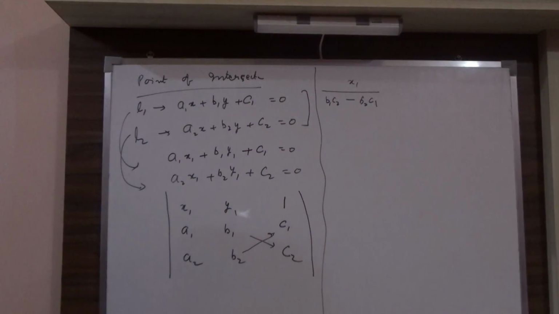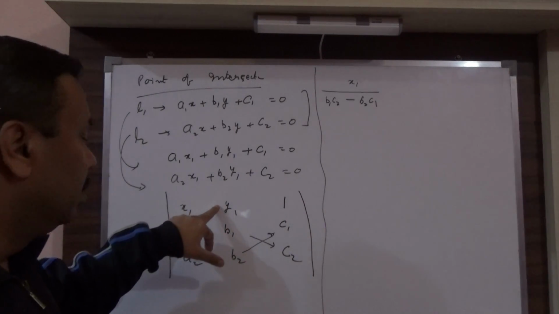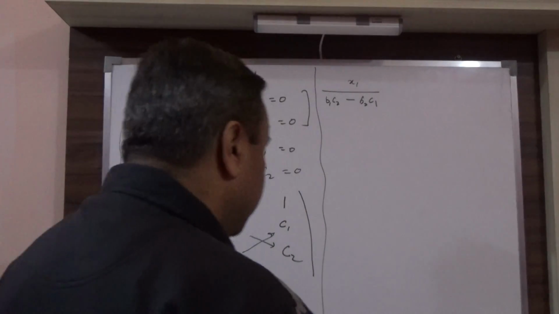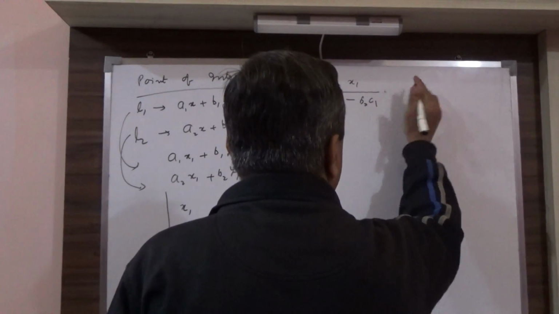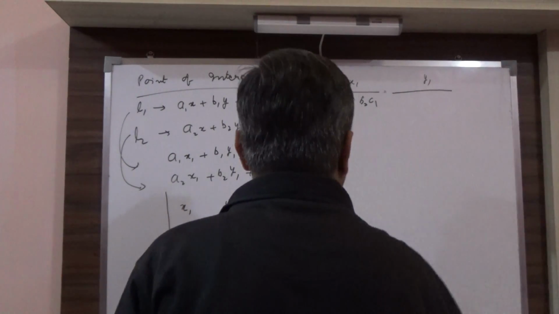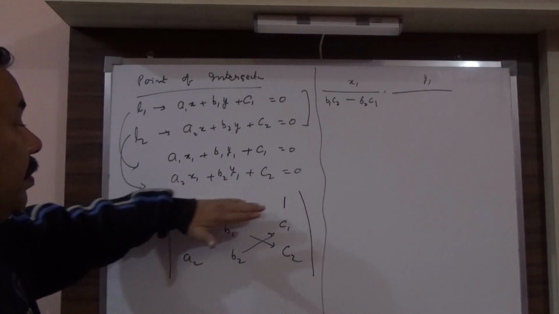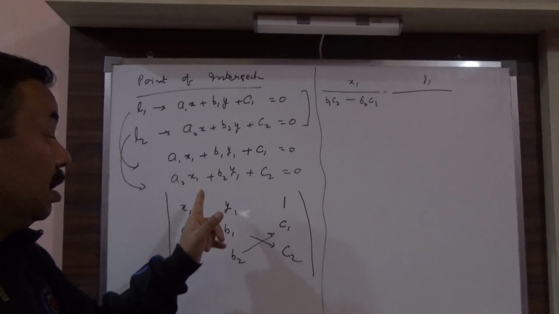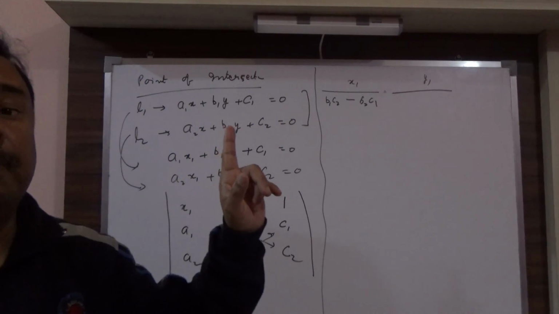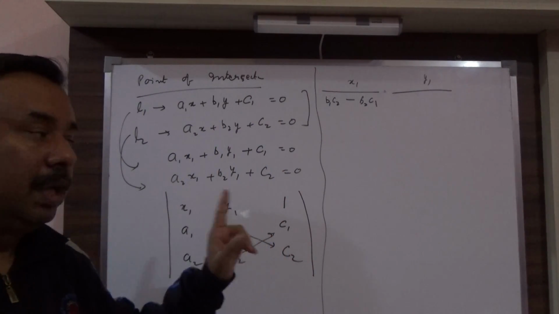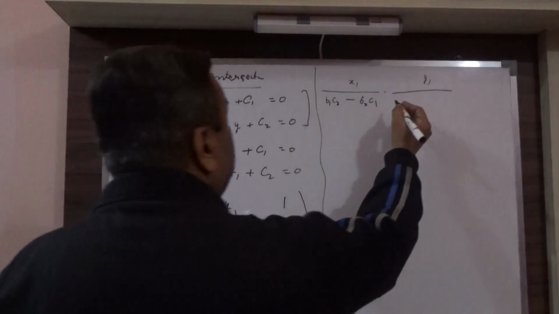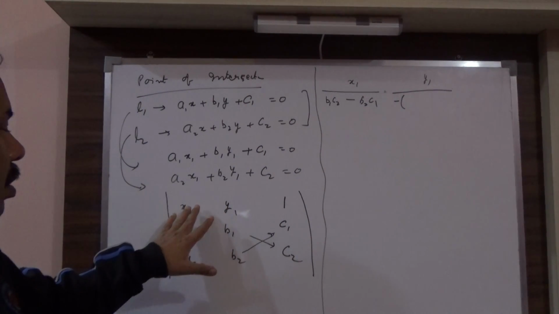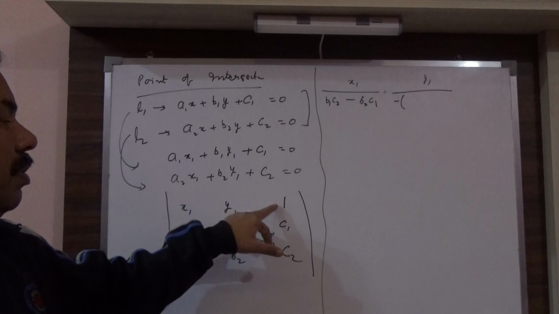Second, I will take now y1. For y1, again I will leave this row and this column, but this is the second, so there will be a minus sign also. I will use a minus sign first, and remember, this is plus, this is minus, then third one is plus.